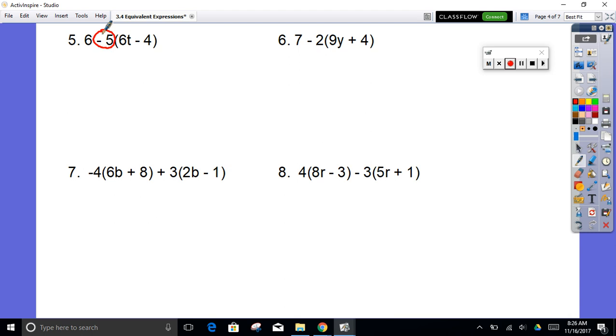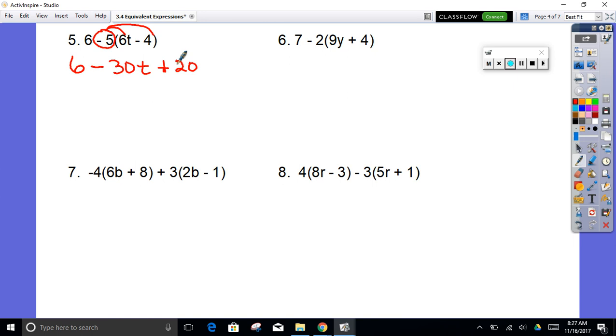And so you're distributing a negative 5. So I'm going to write, bring down my 6, and then I'm going to distribute. Negative 5 times 6t is negative 30t, so I'm going to write minus 30t. Negative 5 times negative 4 is positive 20, so I'm going to write plus 20. Is everyone okay with what I just did?